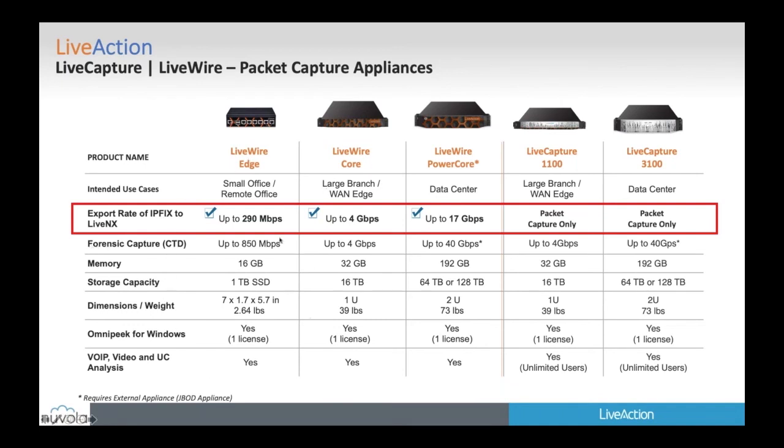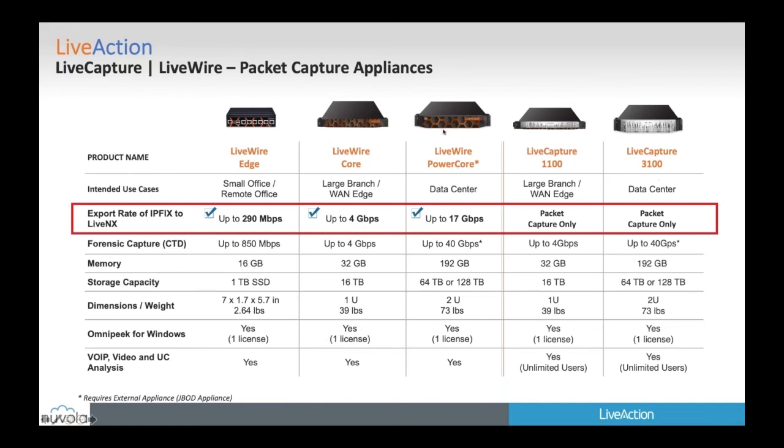Now, in terms of performance, you can have different types of interfaces in these. This one is fixed. It's just 1 gig. These ones here can support 1 gig, 10 gig, and 40 gig interfaces.